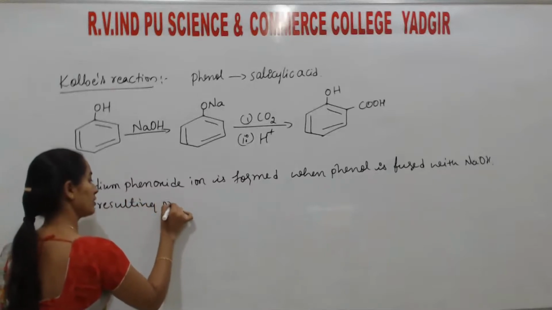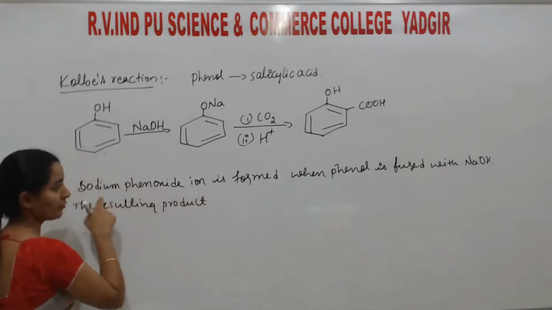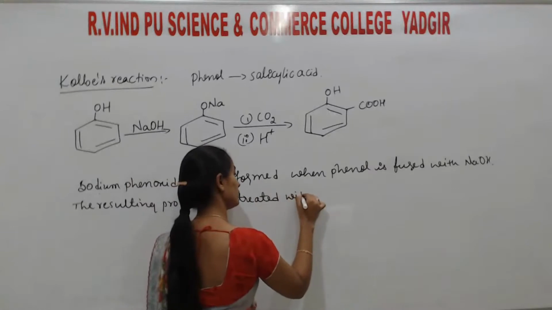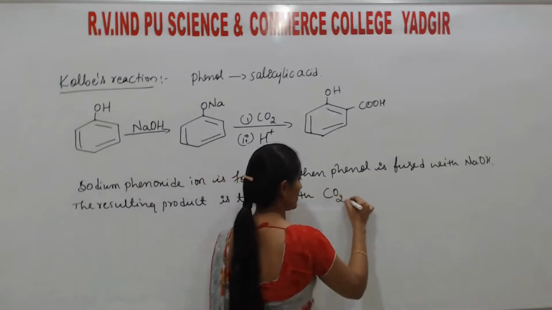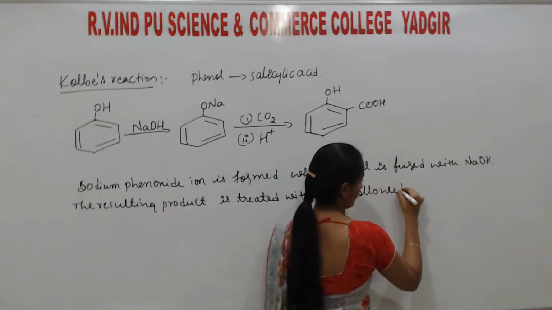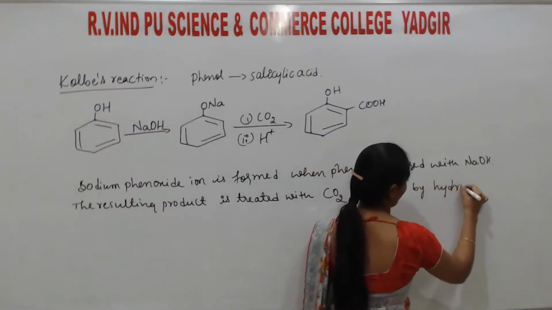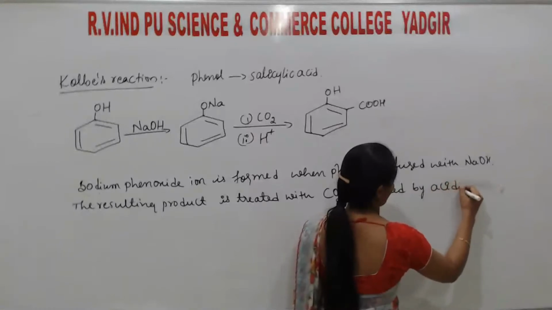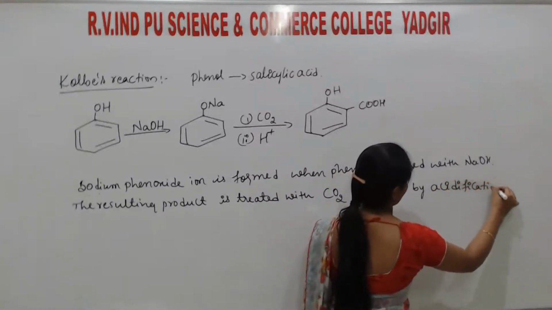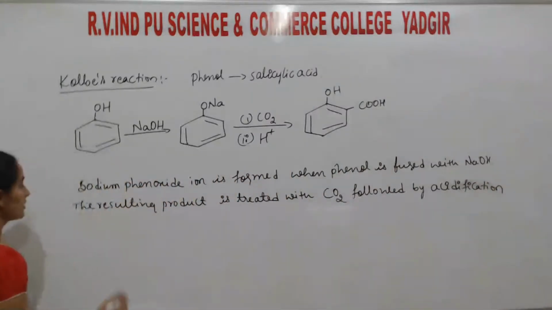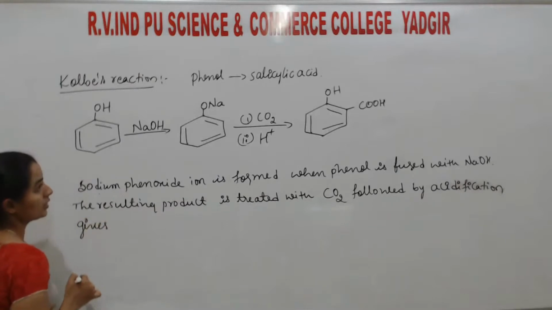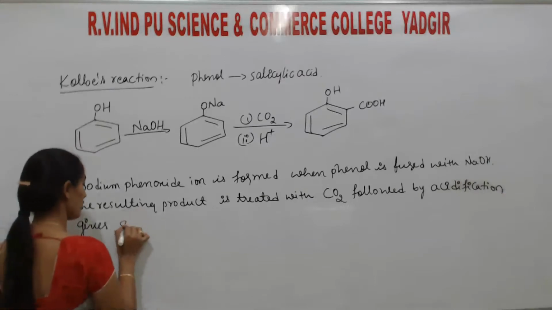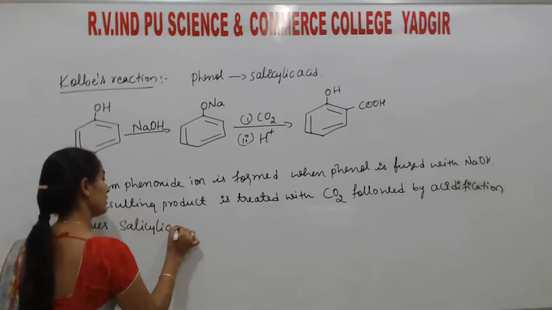The resulting product, sodium phenoxide, is treated with carbon dioxide followed by hydrolysis, followed by acidification, gives salicylic acid.